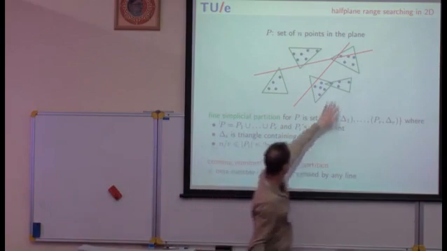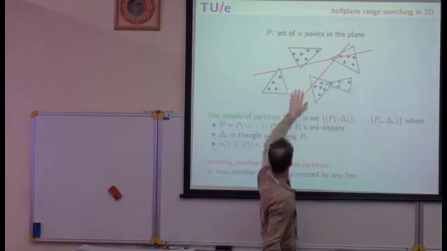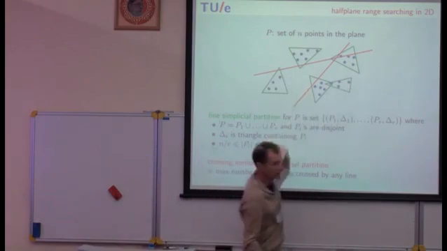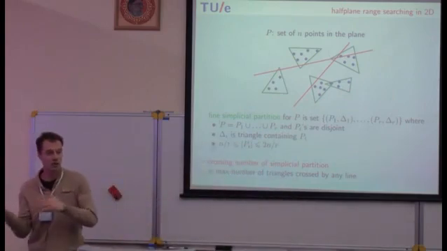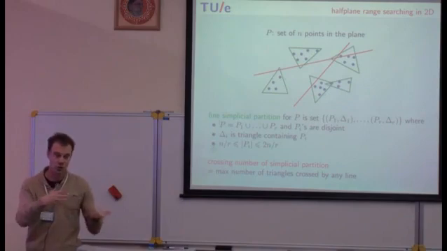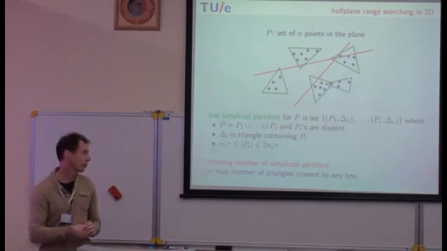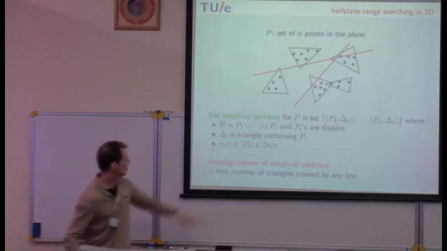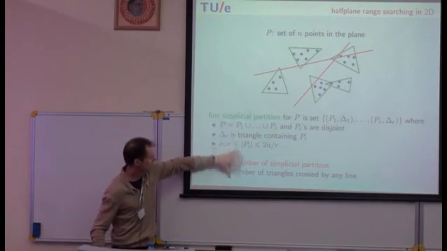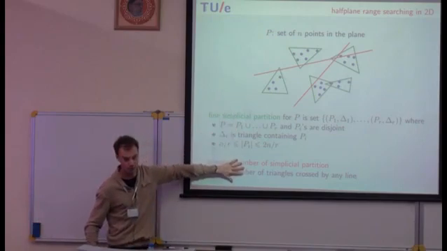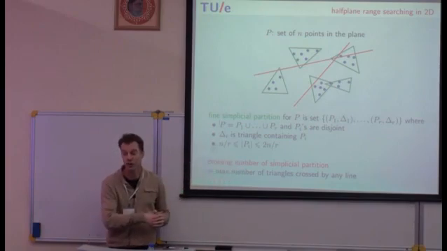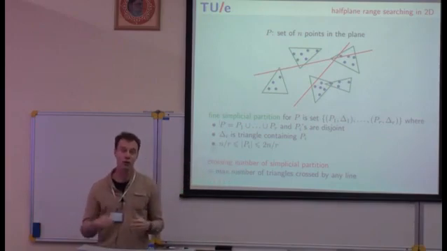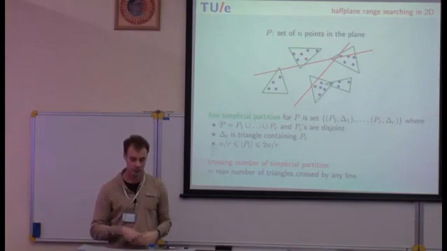For all triangles like this one, which are not intersected, they're either completely inside or outside, so we don't have to search any further. So we want something like this where the crossing number is small, because we want to recurse in few of the triangles. So the question is, how small can it be?